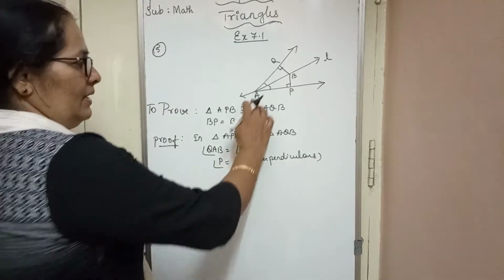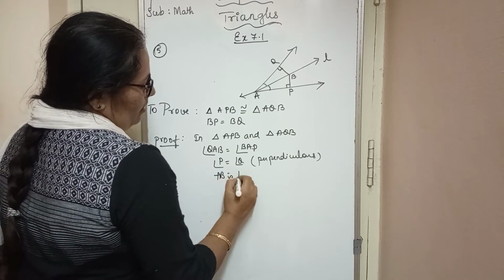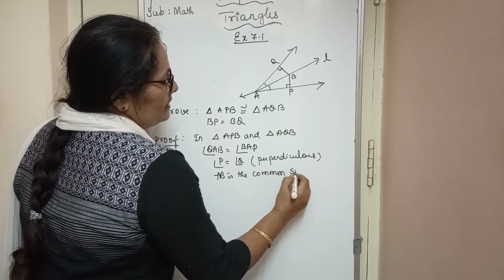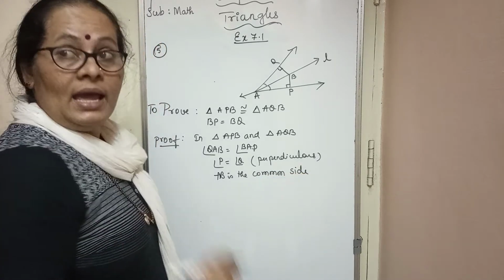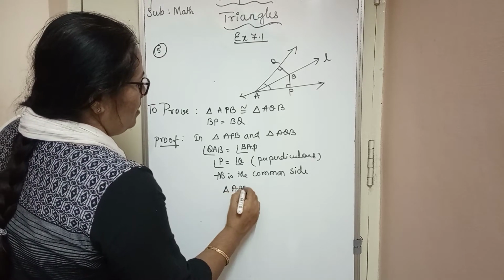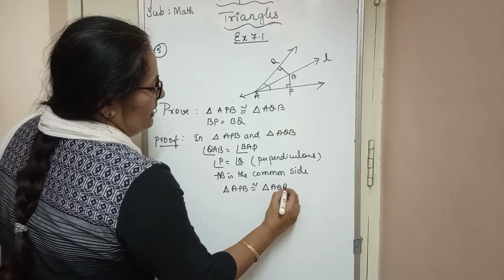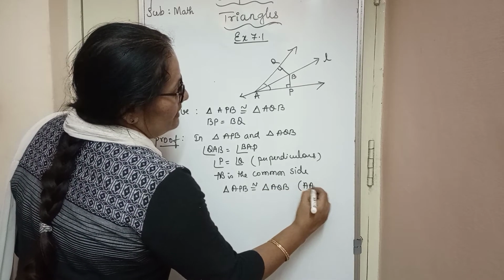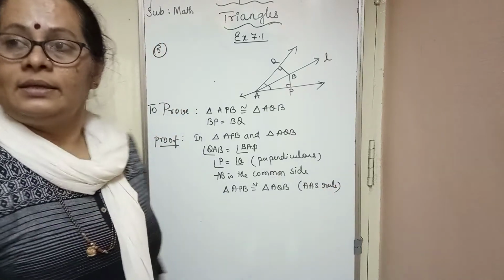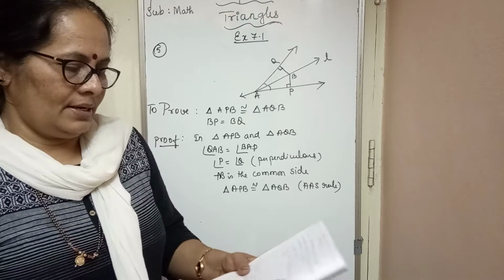Now AB is the common side, so by the AAS congruence rule, triangle APB is congruent to triangle AQB. That is the angle angle side rule. Yes, these two triangles are congruent.